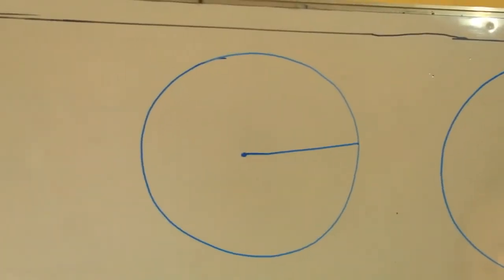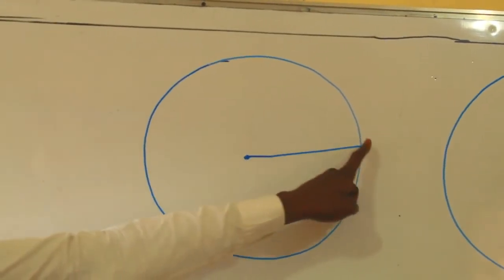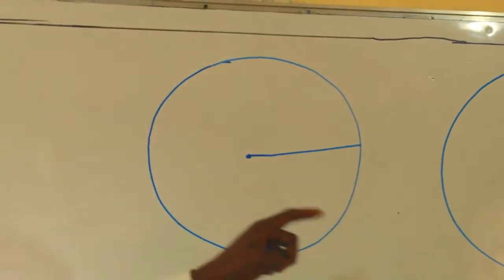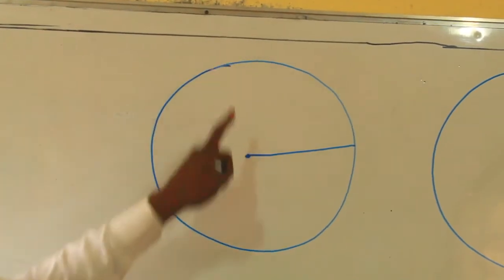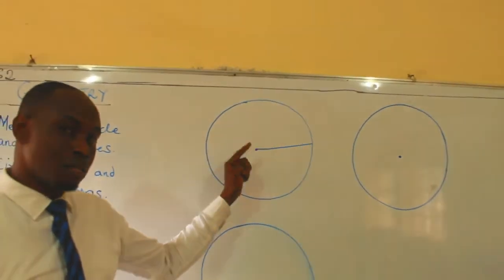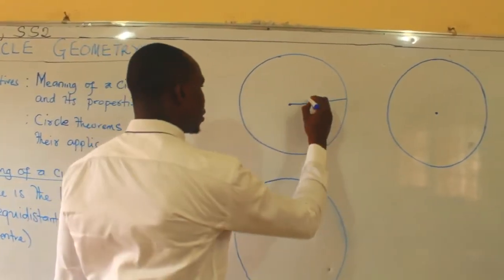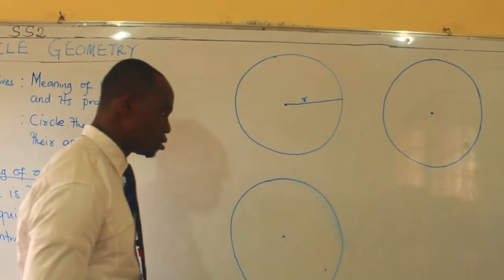The radius of a circle is a line drawn from the center of the circle to any part of the circumference. The radius can go this way or that way, anywhere, provided it comes from the center of the circle to any part of the circumference. That is the radius.